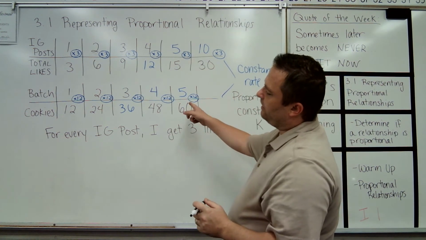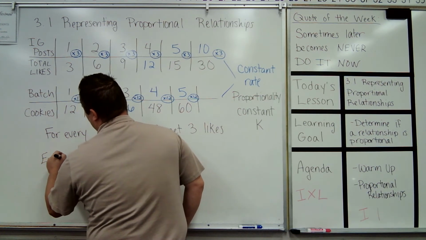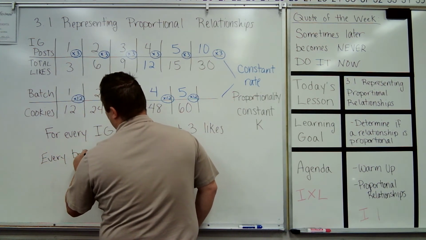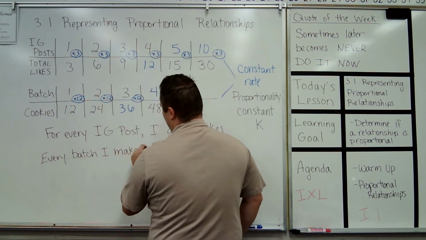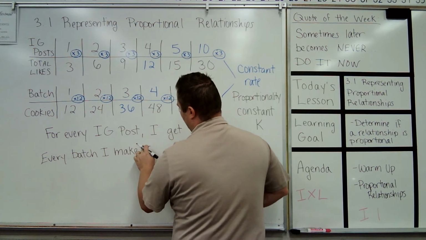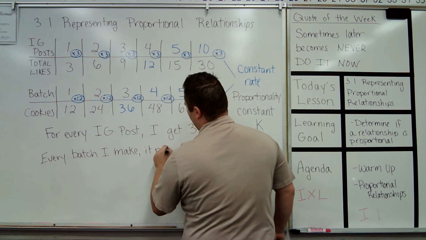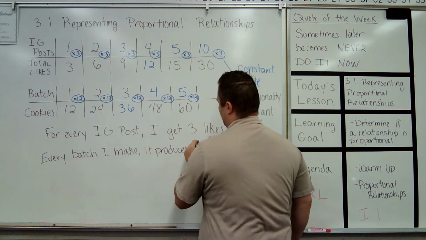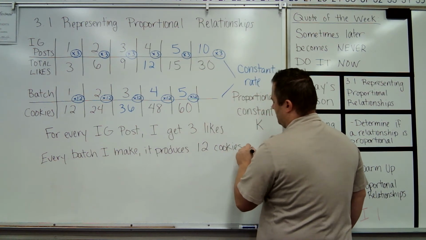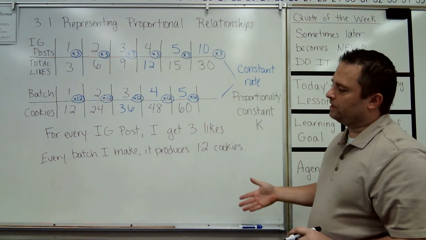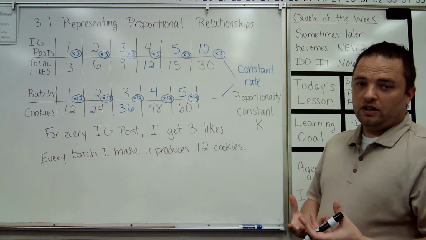And maybe for the second one, you're saying something like, every batch I make produces 12 cookies. Now, this doesn't seem that important, but understanding what situation they're giving in our language will help us understand what they're saying in mathematics.